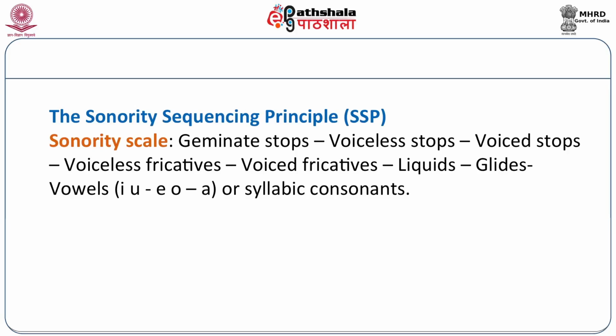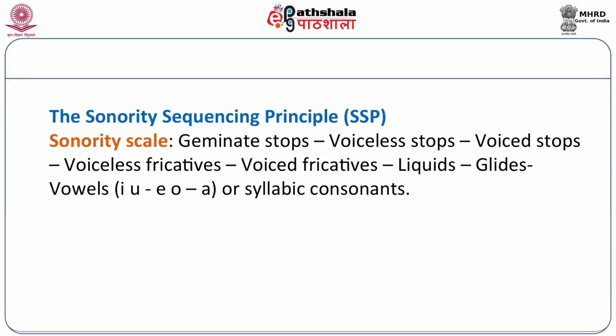Now how does it relate to the sonority sequencing principle? The sonority sequencing principle says that as we proceed from the periphery to the nucleus, that is from the onset or from the coda to the nucleus, the sonority of the sounds increases. There is the opposite way to express this.